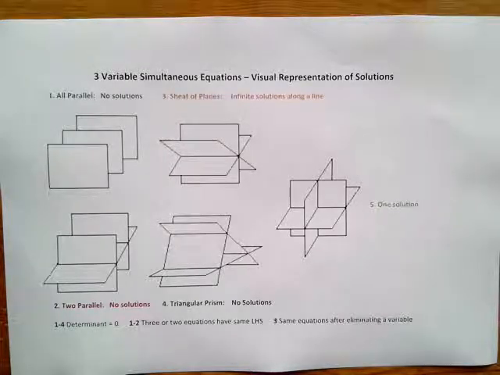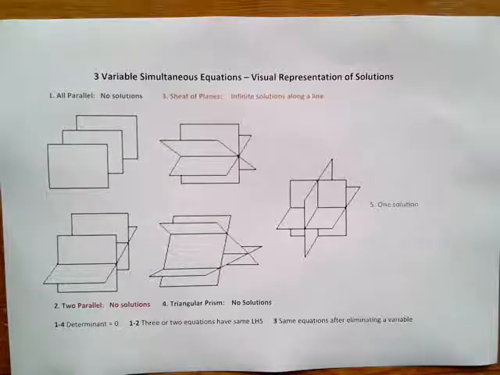What you are looking at are the 5 different situations that can occur when you try and solve 3 variable linear simultaneous equations. When you're solving a 3 variable linear simultaneous equation with 3 equations, you are actually looking at 3 planes, and the 3 planes are configured in space in one of 5 different ways.